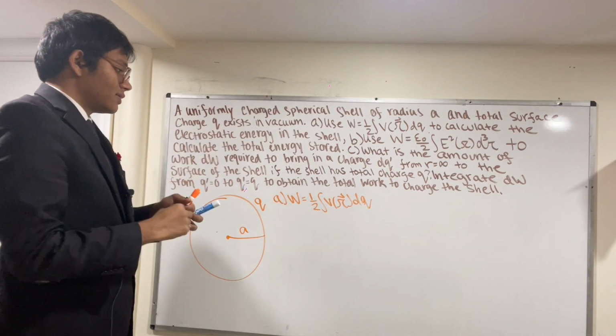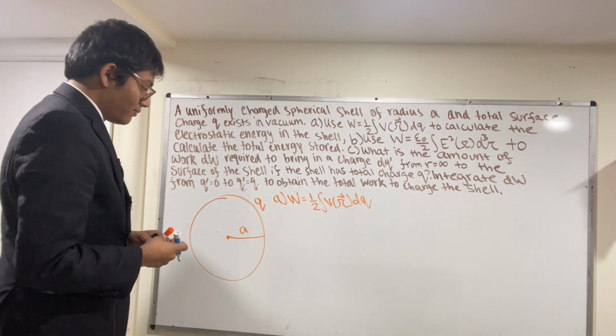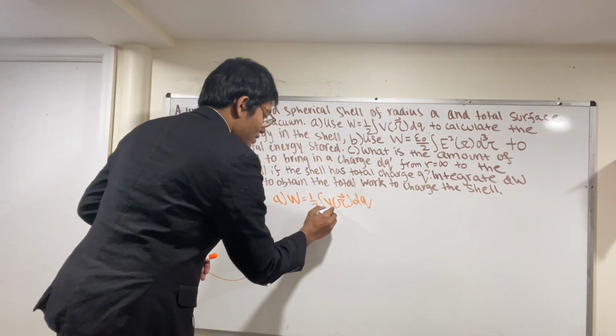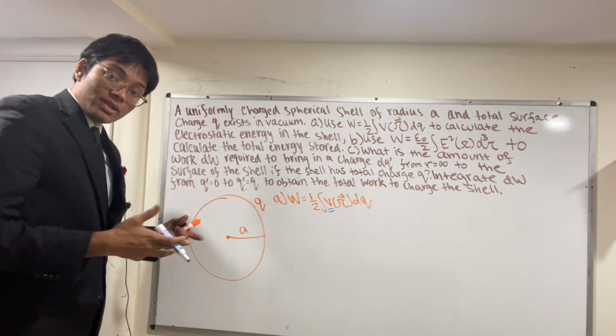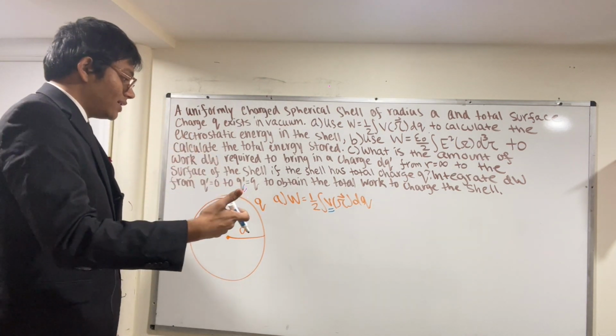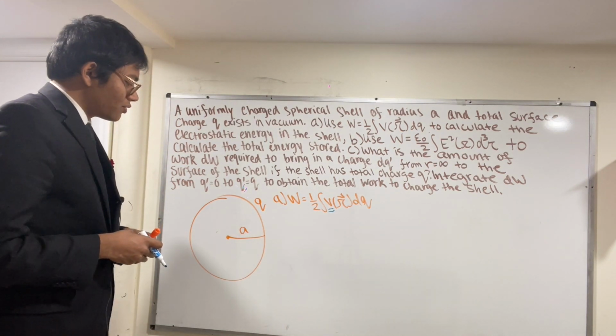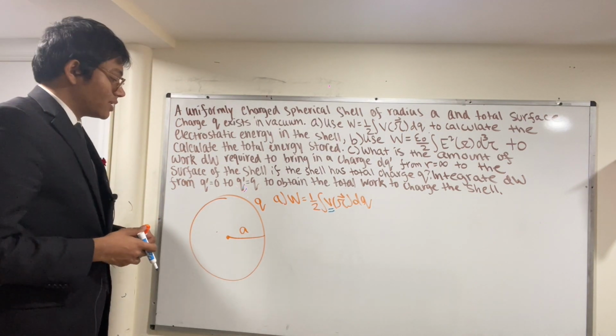So first, as always, when we have something like this, let's consider the scenario. First things first, we need to determine the potential. To determine the potential, we might start from the electric field and then integrate and then negate that to get the potential. But hold on to your horses, because there's a much easier way to determine the potential.